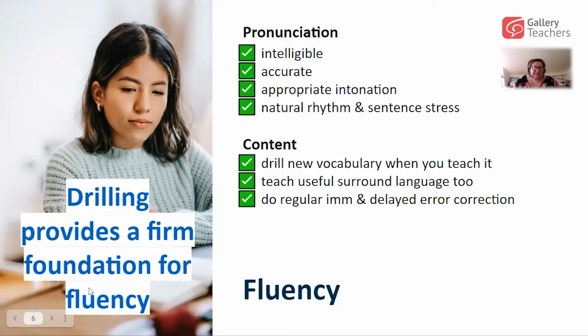So maybe if we're back to functions, "Sorry, I can't because I'm meeting my granny," or "Sorry, I can't because I've got an exam to take," or something like that. So not just teaching isolated words, but making sure that the words are taught in context with any surround language that's necessary. And that way, once they've built on the blocks of the pronunciation and the content, they've got a firm foundation towards fluency.